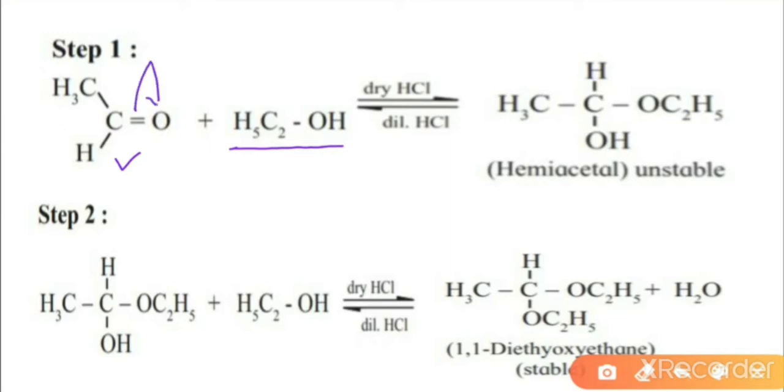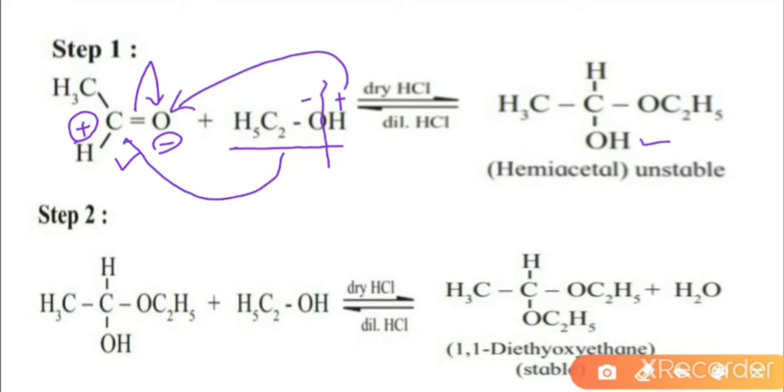Pi bonded electrons are transferred toward oxygen, it becomes negative, carbon becomes positive, breaking of the OH bond, alkoxy negative ion, H plus ion, H plus attacks oxygen, forms the hydroxy part, and the alkoxy part attacks carbon and forms the hemiacetal, an unstable compound, which combines with a second molecule of alcohol, breaking is similar.